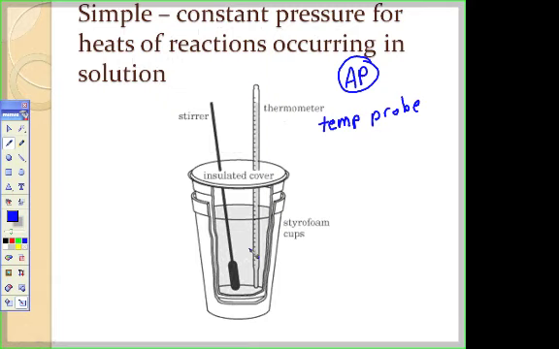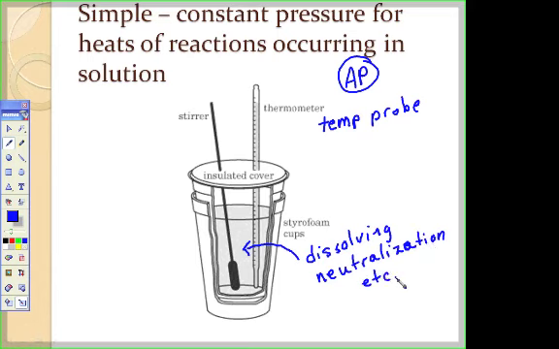In this case, we're going to be doing a neutralization reaction or a dissolving. So often it's dissolving or neutralization, some sorts of reactions like that. Maybe the metals reacting with water, magnesium metal reacting with water.